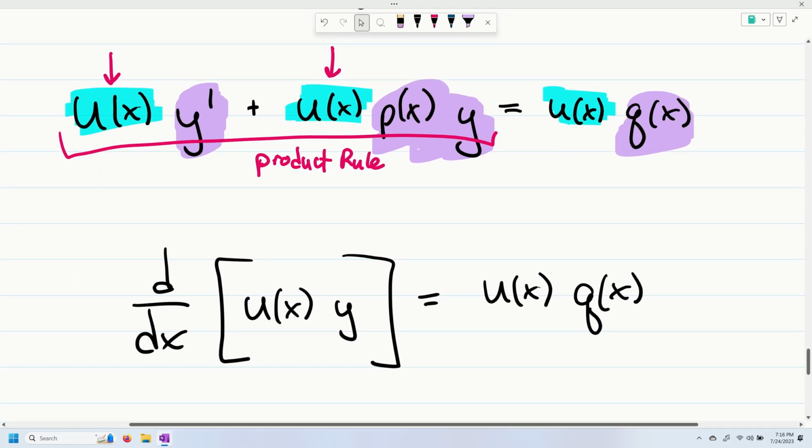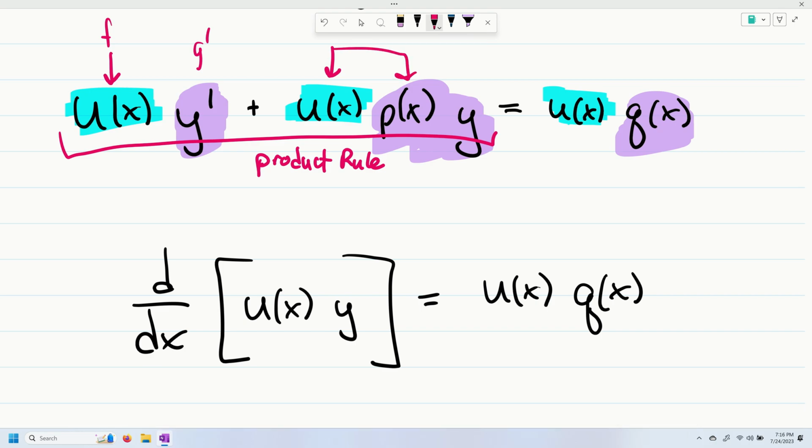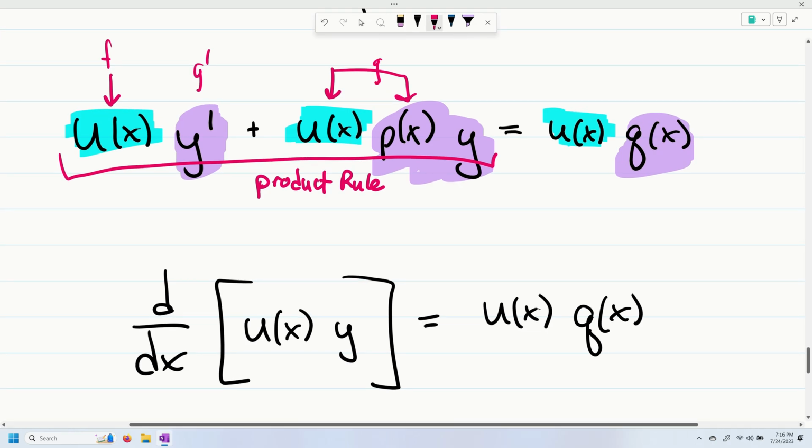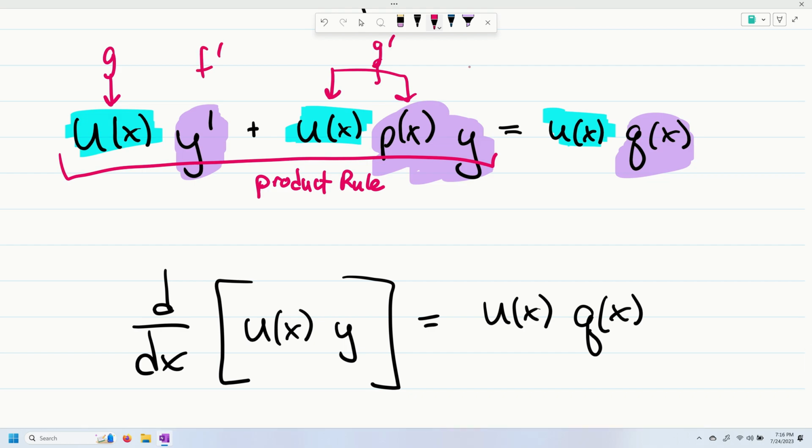I mean, if you look up above here, you have u times y prime, in this case is going to be g prime. This entire thing is g prime. Oops, sorry. Got these backwards. Sorry, my bad. That's g f prime g prime f. All right. So that's what I was demonstrating up above.